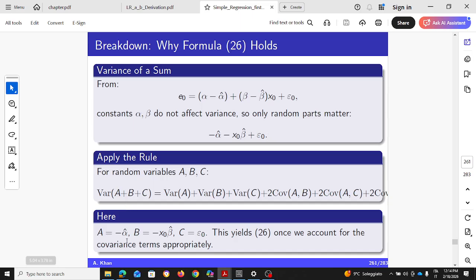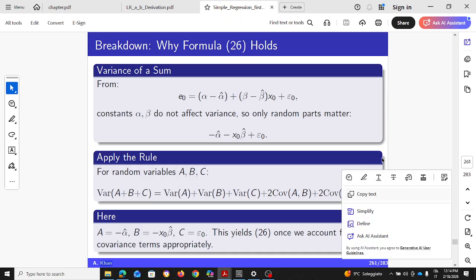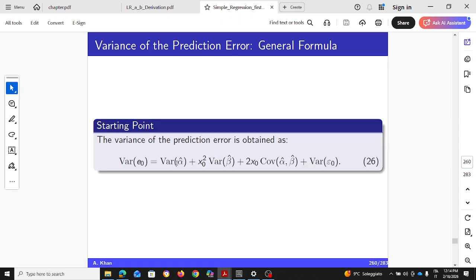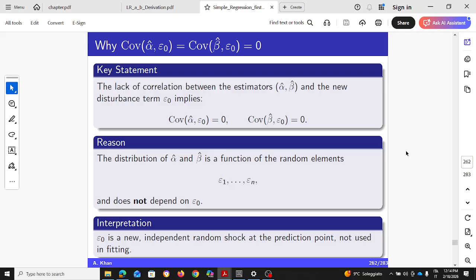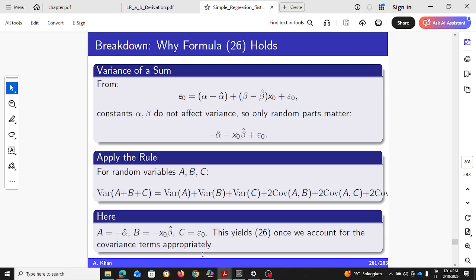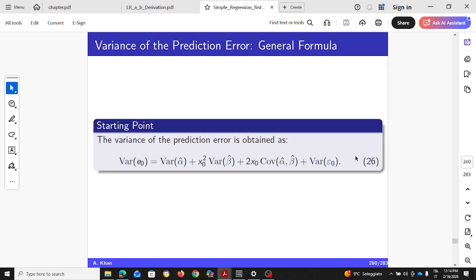For us A is minus alpha, B is this term and C is this term. Let's replace everything now in this formula. So we get that formula, and if we replace everything here, it turns out to be this. So this gives us the variance.